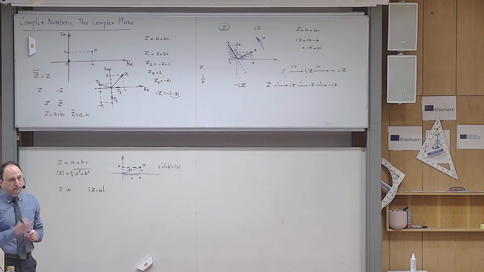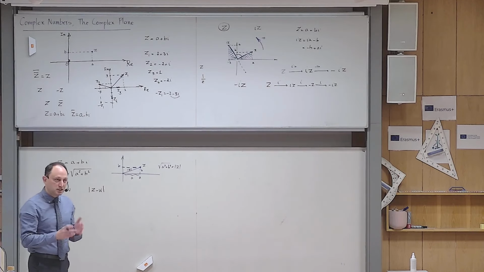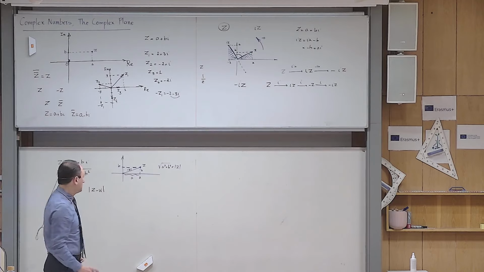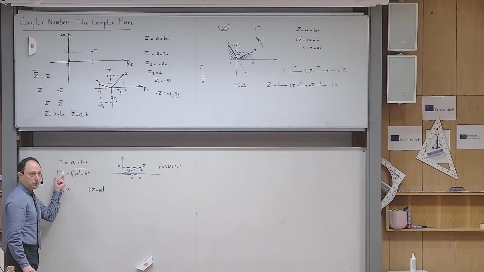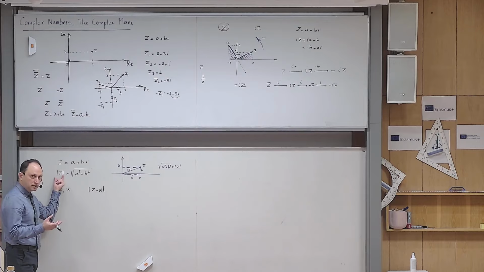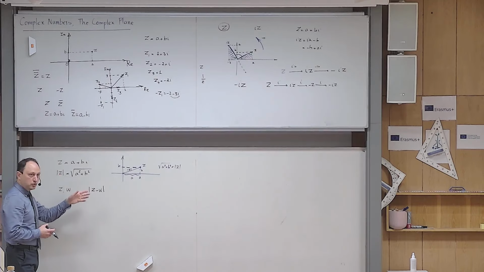Yes, Yusuf. Do you want to say? No? Melvin? It's the distance from the origin to the point z minus w. This is one explanation. It's not a good one. It's correct, because you told me the absolute value of a complex number means the distance from that point to the origin.